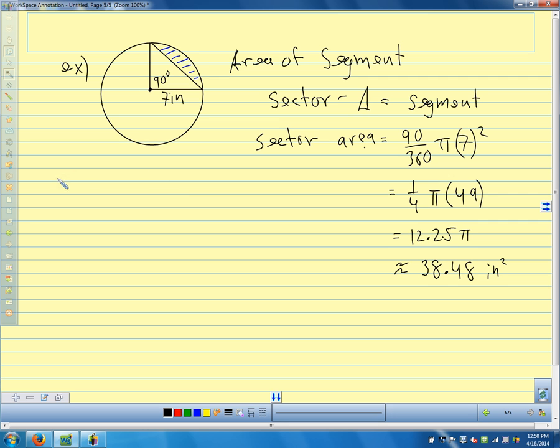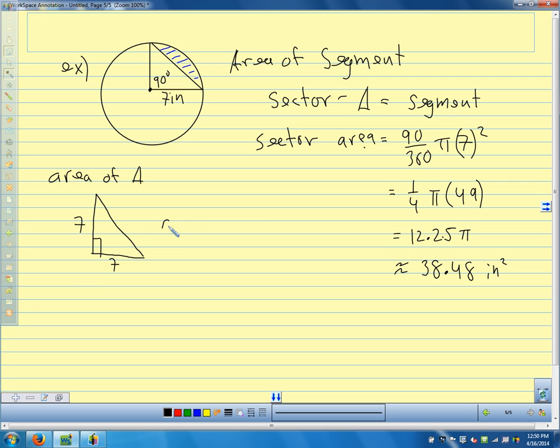The area of the triangle, let's find that next. Well, let me draw the triangle separately here. Here's my triangle. There's 7, that's 90 degrees. What's the height of this triangle? 7. Each of these is a radius. This side is 7, that side is 7.